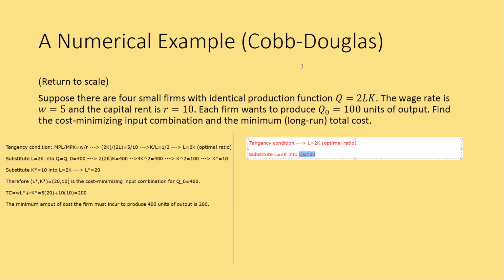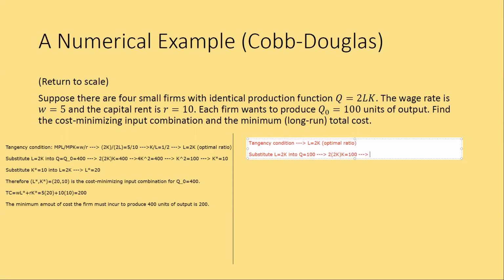Let me use a different color to show it. So this is going to imply 2 times 2K times K equals 100.